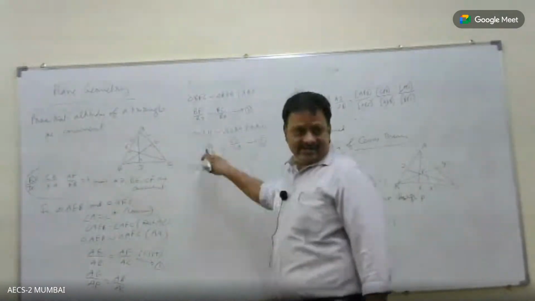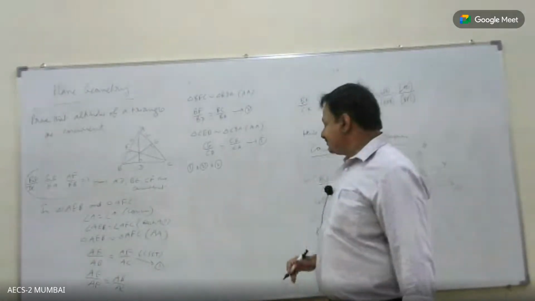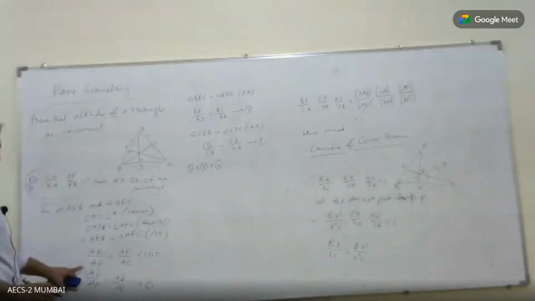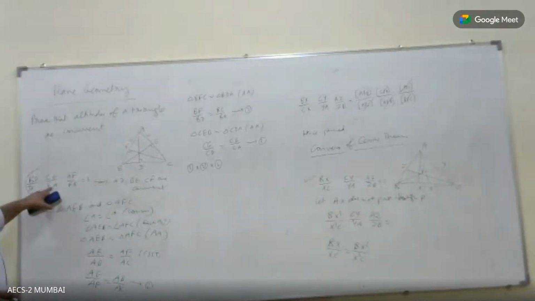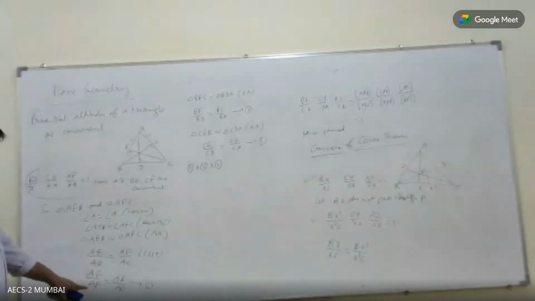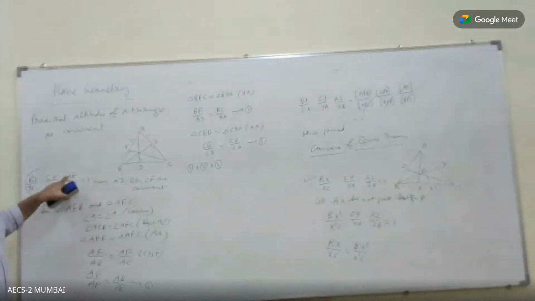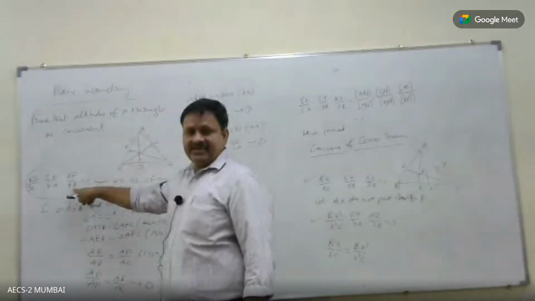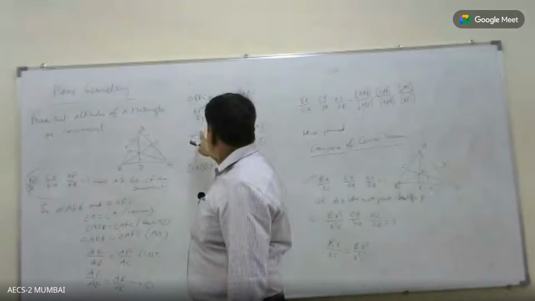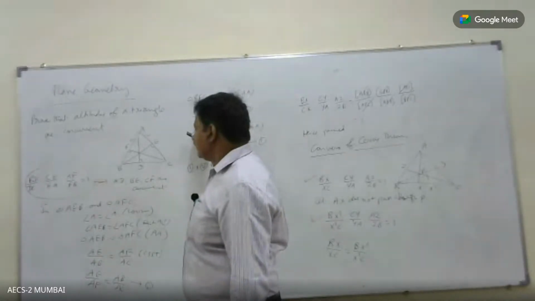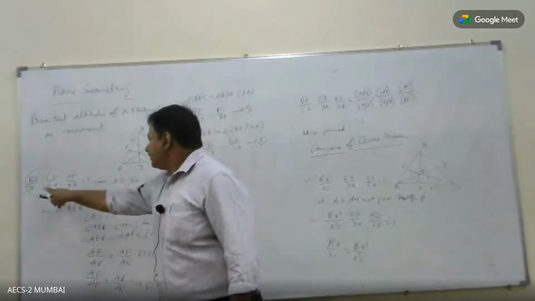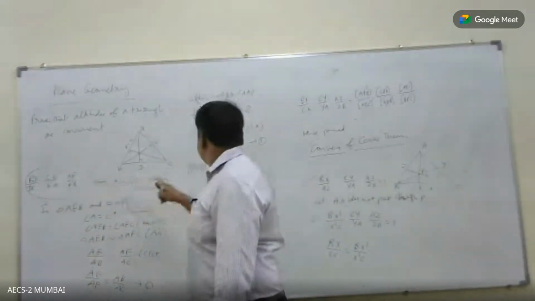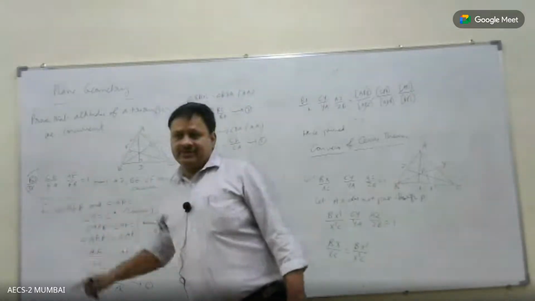Here I think I wrote correctly. Now check the left sides. AE we require here, AF needed. DF here is there, DF by BD, BD here. CE we have the term, CD we have the term.